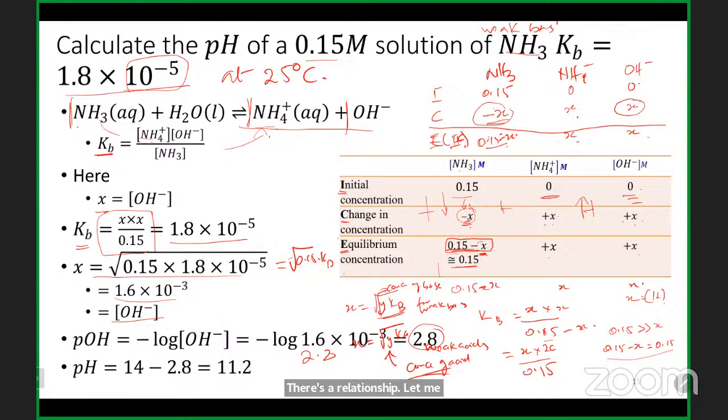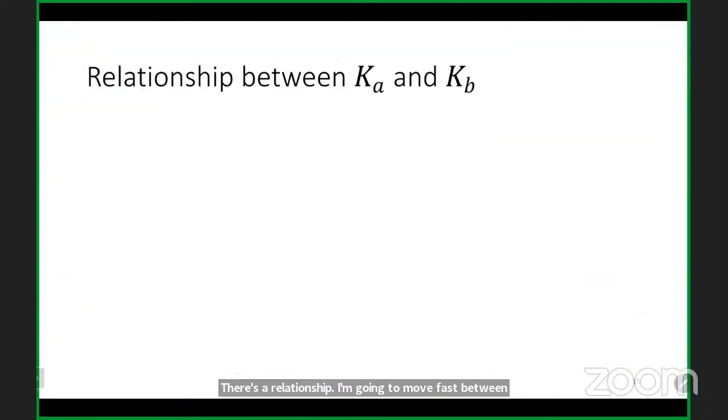There's a relationship, and I'm going to move fast, between the Ka and Kb of a conjugate acid-base pair.